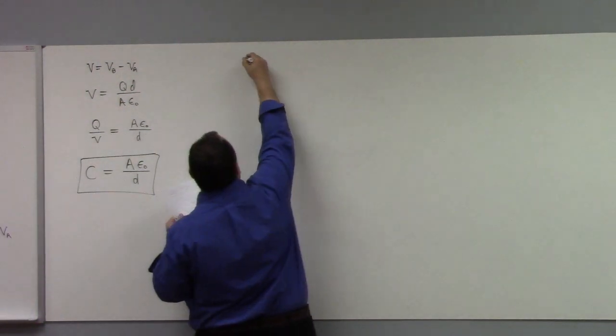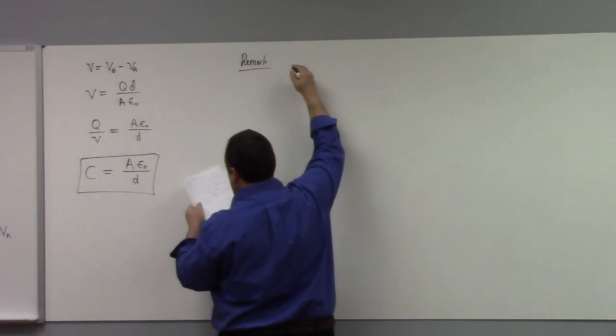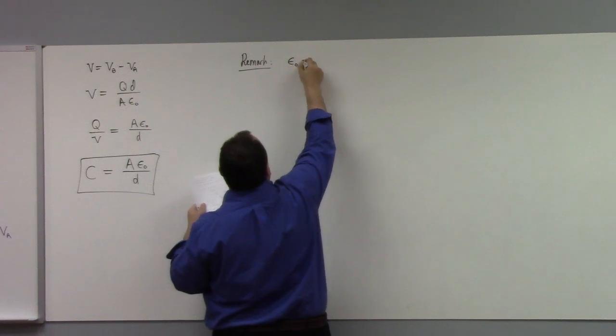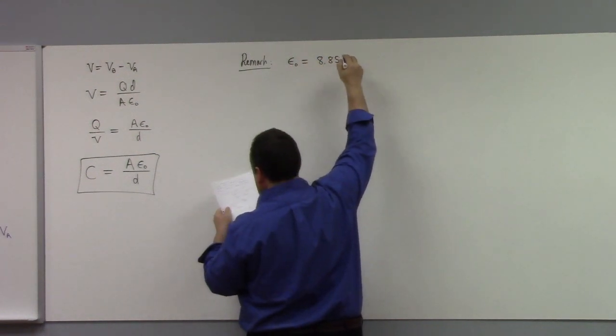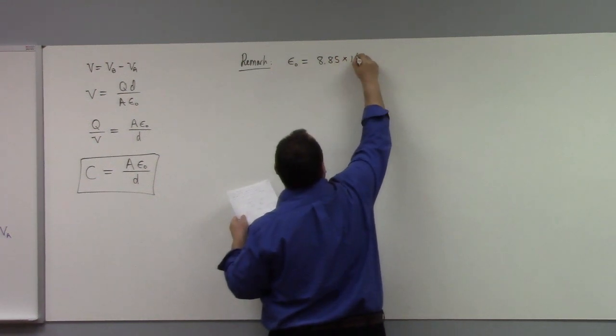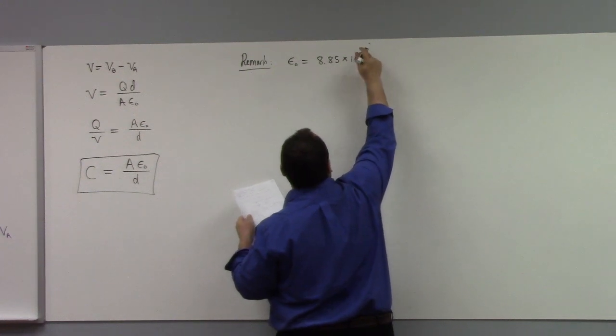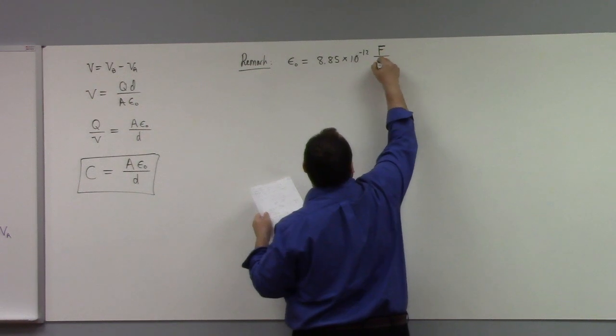More of a remark. Epsilon naught is equal to 8.85 times 10 to the minus 12th farads per meter.